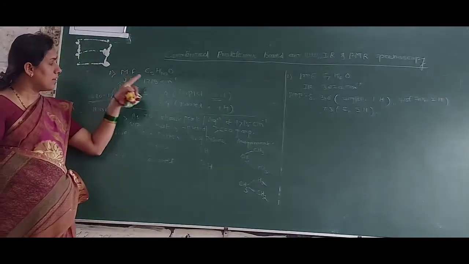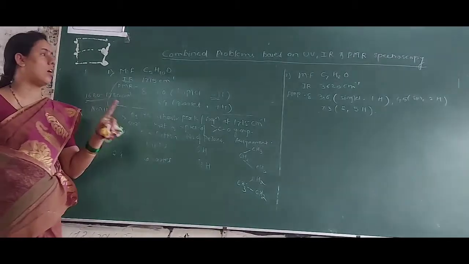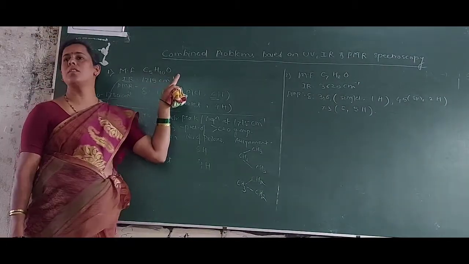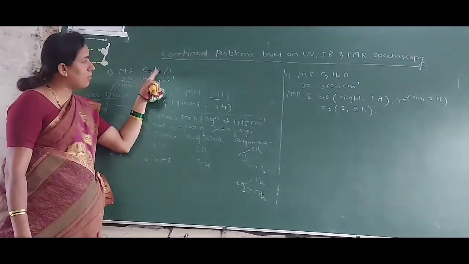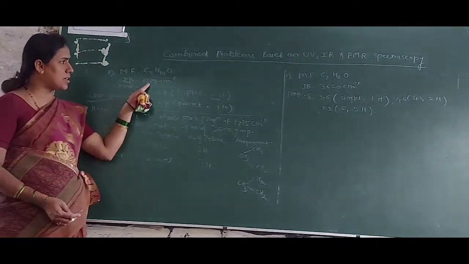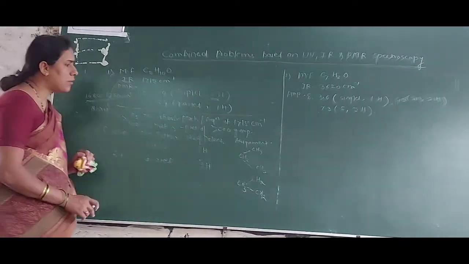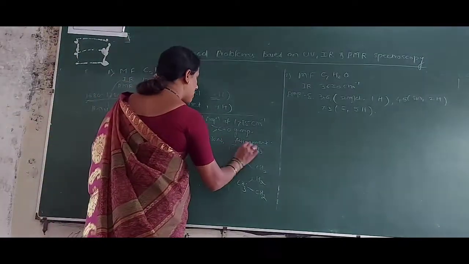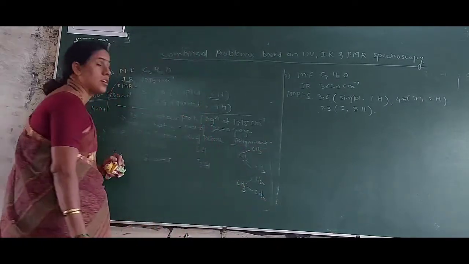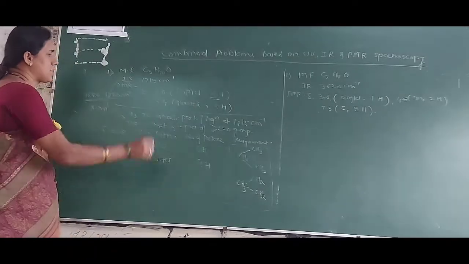Now what is the next criterion given to you? That is the presence of one oxygen atom. But for the one oxygen atom, is there any kind of frequency in UV or IR? No. Therefore, according to this assignment, you have to suggest a structure that fulfills the given data.